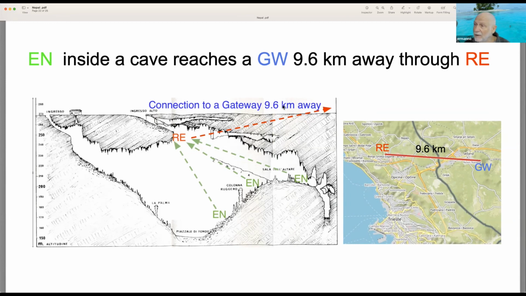In this case, the gateway was almost 10 kilometers away. Actually, it was in another country. It is in Slovenia, not in Italy. And by using this range extender, we were able to get the data from different sensors deployed inside the cave.